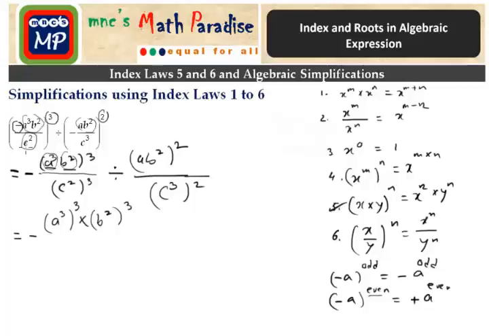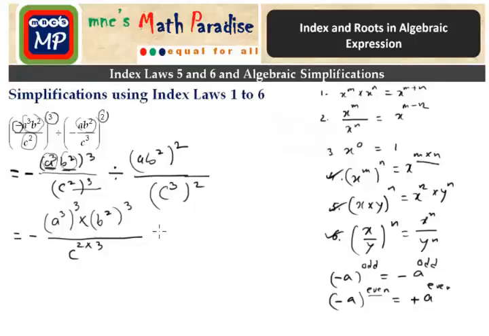Previously we used this division formula to distribute between the numerator and denominator, and now we are using the multiplication formula, x times y whole to the n. In the denominator, c square to the power 3, so power on power, so these two powers will multiply based on law 4, x to the power m to the power n.